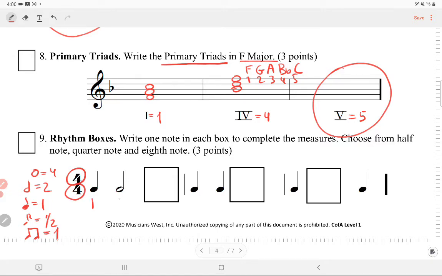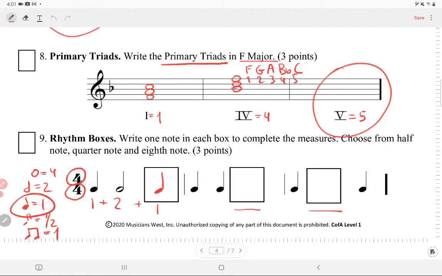This is 1, and this takes 2 beats. So you have 1 plus 2, and you need 4. How much more do you need? You need this one, the quarter note. So you're going to write the quarter note. Hopefully that makes sense, okay? And that's going to be 1 plus 2 plus 1. That adds up to 4. So figure out this part and this part by yourself. What note? You need only one note to add up to 4 beats, okay?